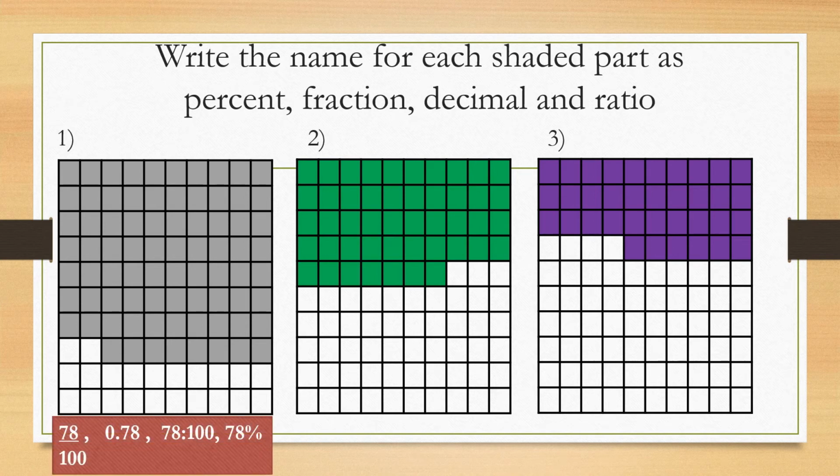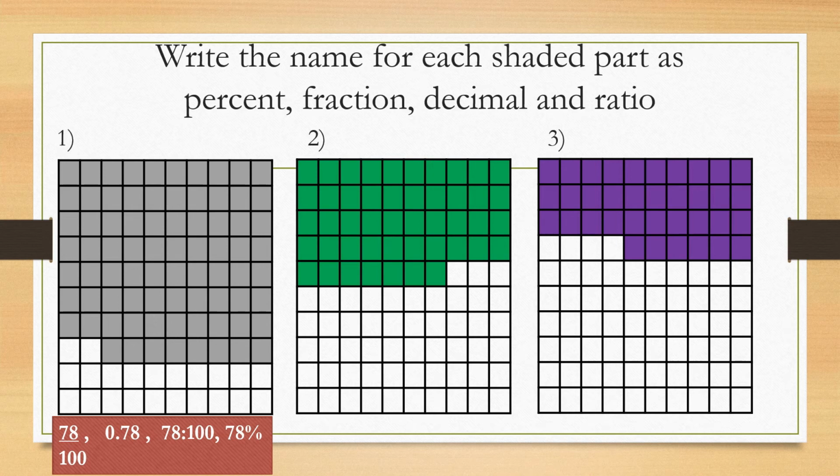So, to write it in fraction, that is 78 out of 100. So, again, ang numerator lagi natin yung shaded part, ang denominator, yung kabuuang bilang ng square. So, to write it in decimals, that is 0.78. So, we read it as 78 hundredths. In ratio, that is 78 is to 100.